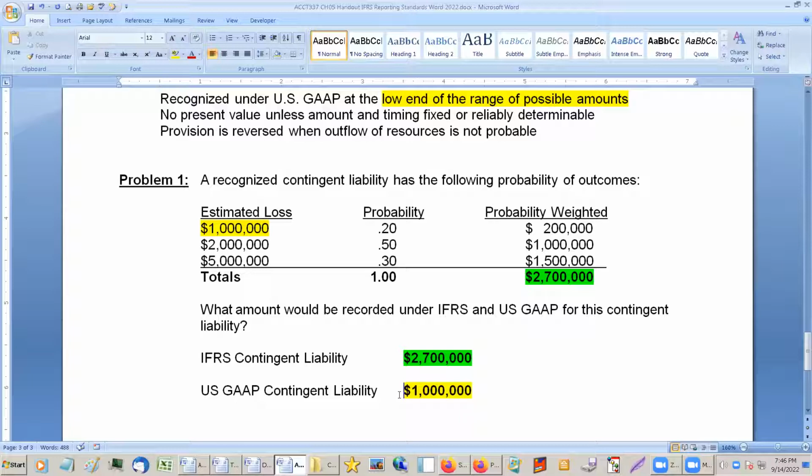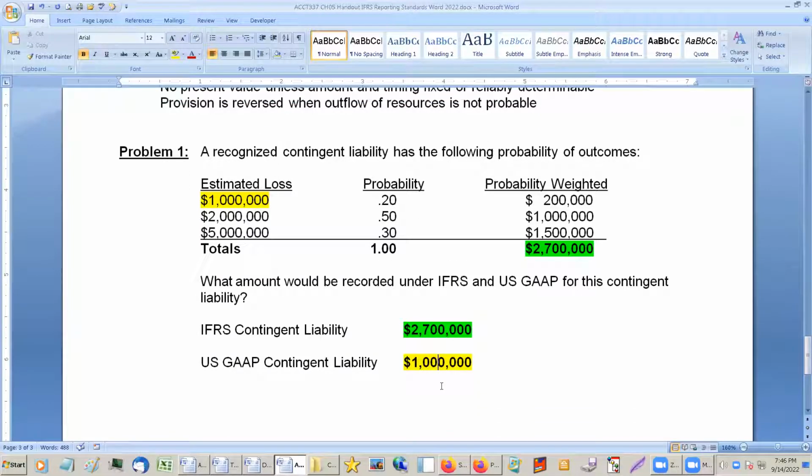Now, you might say, why do we do the low end? Why is it the low side for US GAAP? Well, it comes down to companies and businesses not wanting to admit responsibility for higher amounts. You can imagine that in the courtrooms, if you were to put on your financial statements that you owe 2.7 million, some lawyer is going to point at it and say, well, they even admit to owing at least 2.7 million on their financial statements.